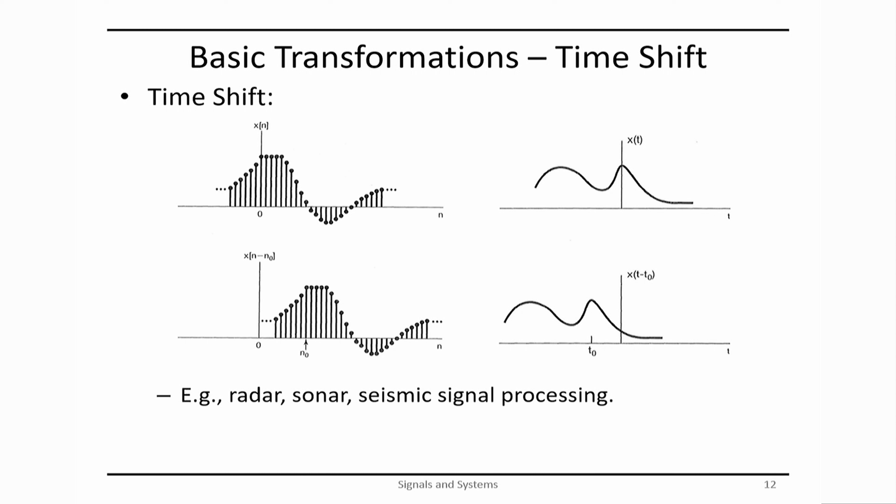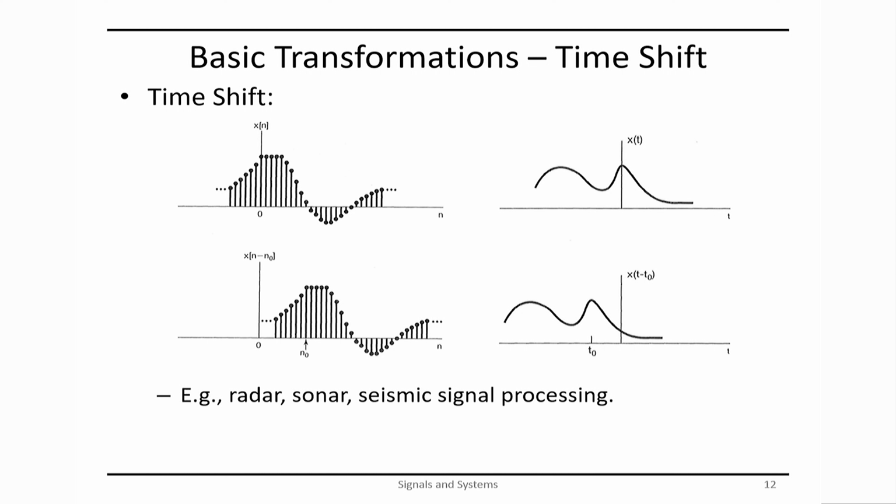So this squeezing, stretching, flipping around corresponds to a so-called transformation of the independent variable when we're looking at signals, okay? And these transformations may actually occur in actual systems, as we'll see in a little while, okay?